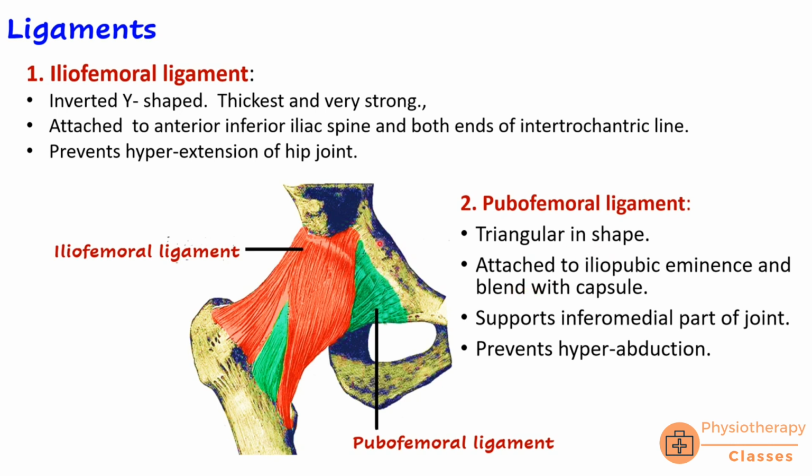It is attached mainly here to the iliopubic eminence, also to part of superior ramus of pubis, obturator crest, and as it goes towards the femur, it blends with the capsule and also with the medial band of the iliofemoral ligament, on the deeper aspect of medial band of iliofemoral ligament. Now this supports the inferomedial part of the joint, and it prevents hyperabduction.